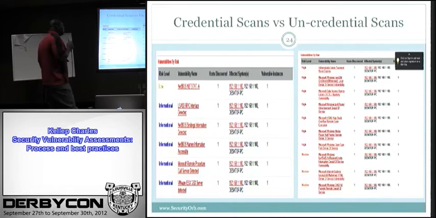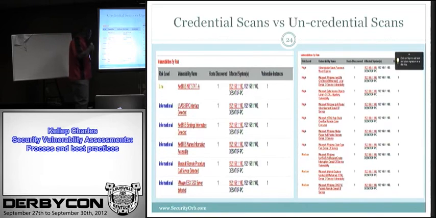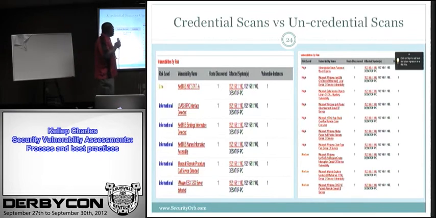Some of the information that was found within the uncredentialed scan was basically NetBIOS, nbtstat -A, which was considered a low. Within the informational section, we had a VMware ESX/GSX server detected. But when you go over into the credential scan, you get information such as administrator user password never expires.